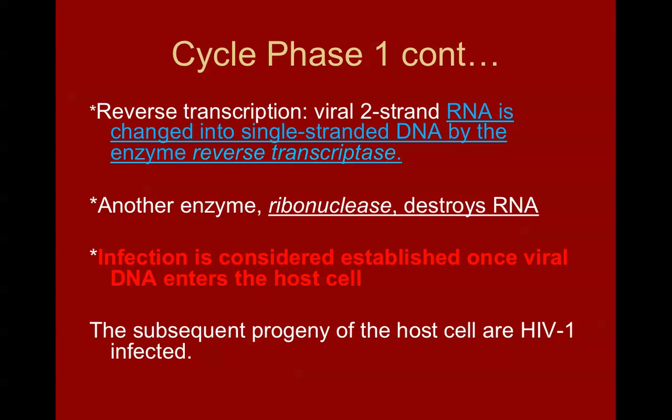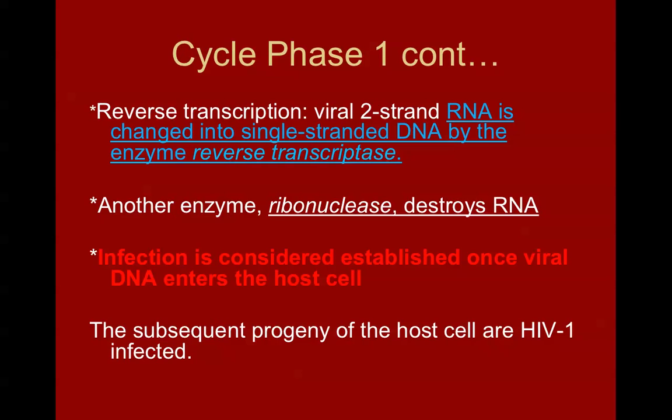I always think of this as a zipper, and then it unzips it, for some reason. It's how it looks on a video. Okay, and then another enzyme, ribonuclease, destroys the RNA. So now what you're left with is a single-stranded DNA inside the cell. And that's when infection is considered established, once the viral DNA enters that host cell.